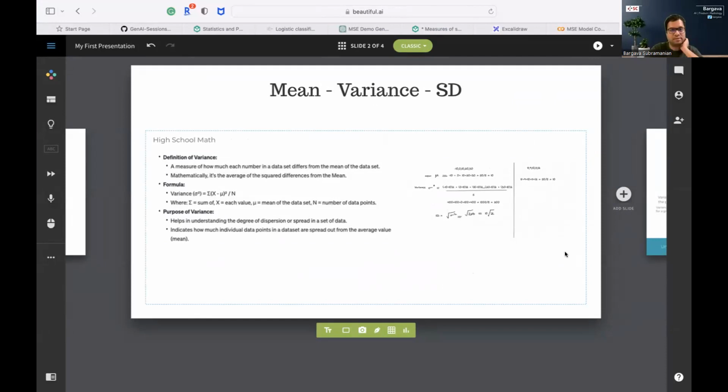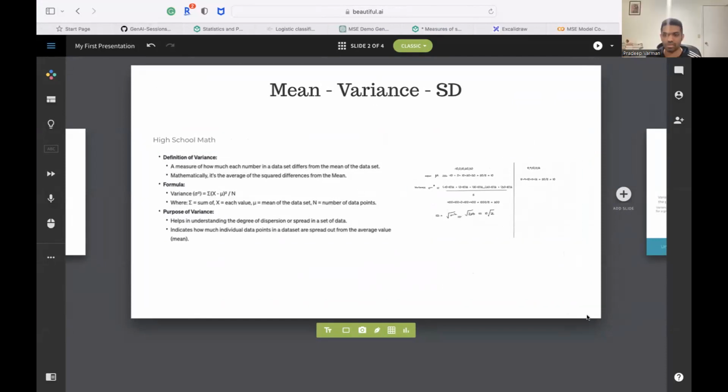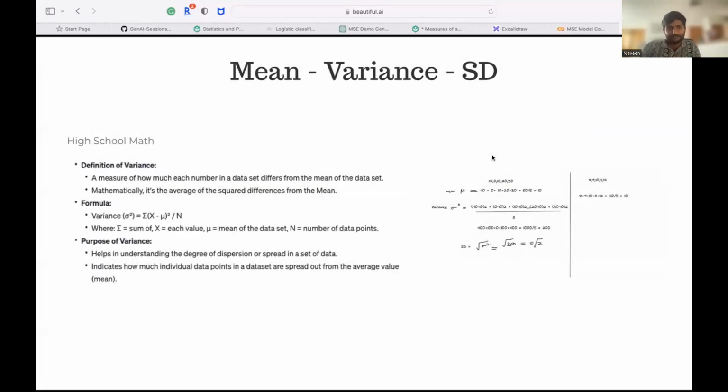Can you make it larger? I really can't see it. It's too small. You can present it, right? Yeah, so much better. Okay. So I just want to briefly touch on what variance I understood because I really need to refresh what it meant. And then slowly I try to fit in how the variance that we studied in math in class 8 or class 11 applies to machine learning.